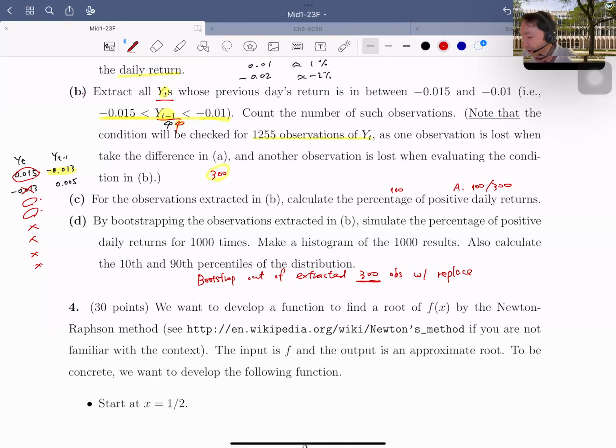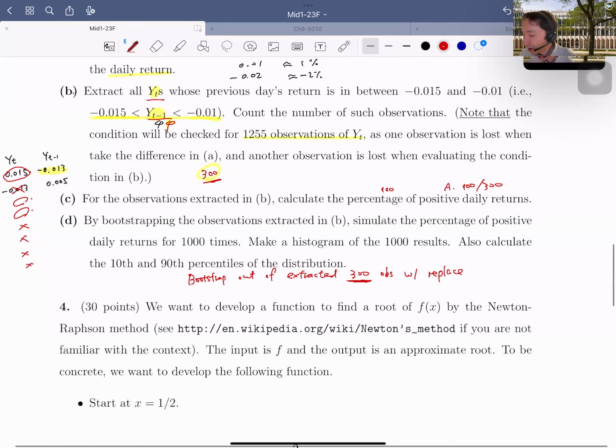Since this 300 is not exactly equal to the original 300, maybe only 90 out of 300, or 95 out of 300, or maybe 108 out of 300 have positive return.